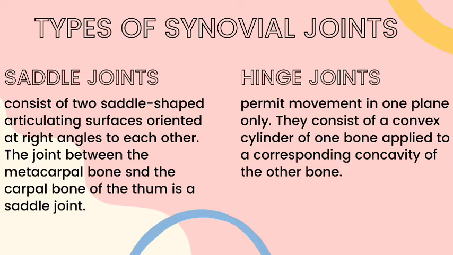The joint between the metacarpal bone and the carpal bone of the thumb is a saddle joint. Hinge joints permit movement in one plane only. They consist of a convex cylinder of one bone applied to a corresponding concavity of the other bone.